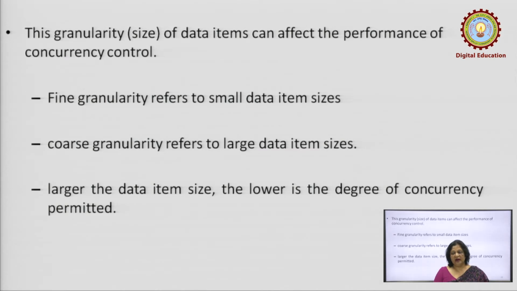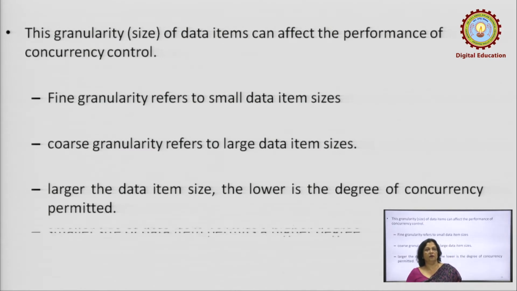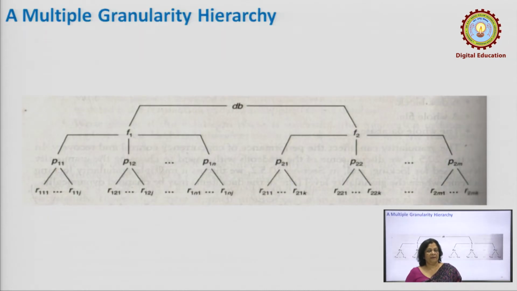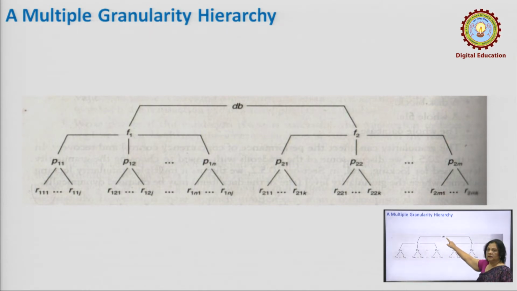If we have fine granularity, that is, let us say at the record level, then the different transactions may be able to access the different records, and hence there is a higher degree of concurrency. Here we have shown a multiple granularity hierarchy with the database at the top, the coarse granularity, and the records at the lowermost levels, which is the fine granularity.